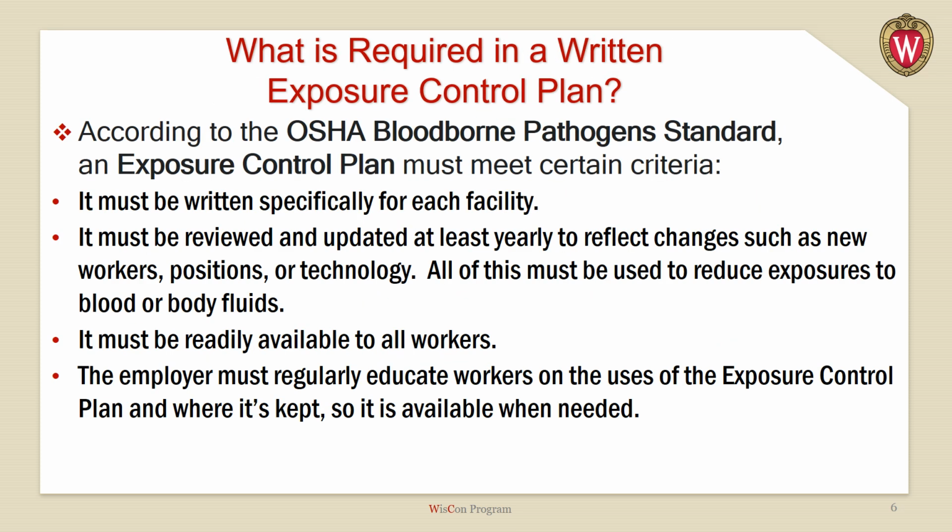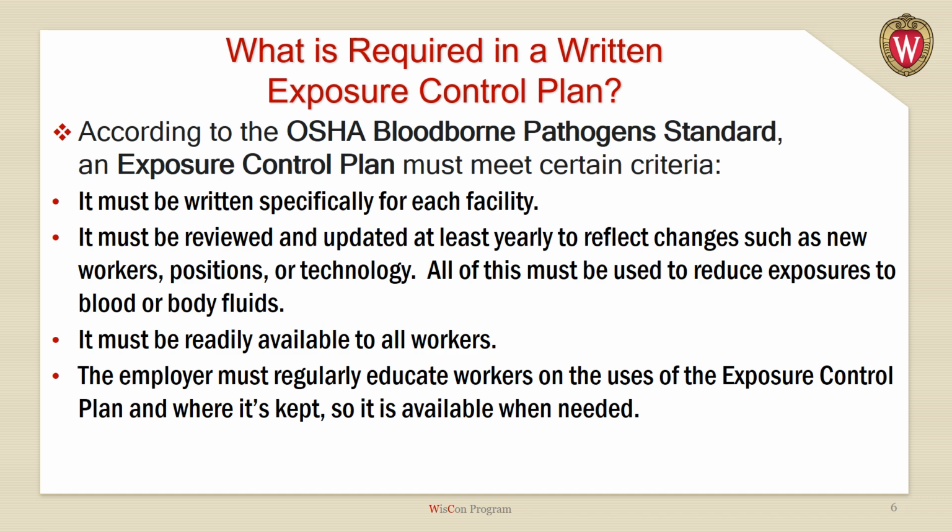What is required in a written exposure control plan? According to the OSHA Bloodborne Pathogen Standard, an exposure control plan must meet certain criteria. It must be written specifically for each facility. It must be reviewed and updated at least yearly to reflect changes such as new workers, positions, or technology.